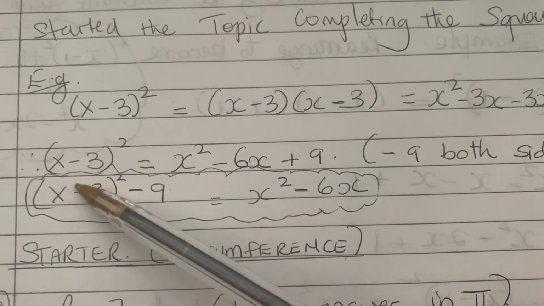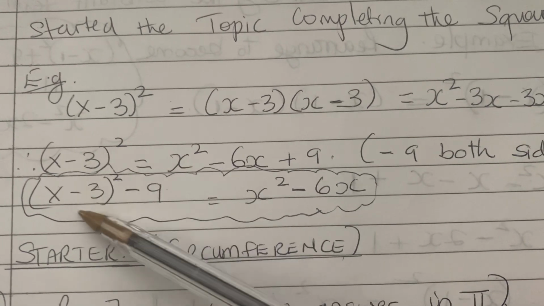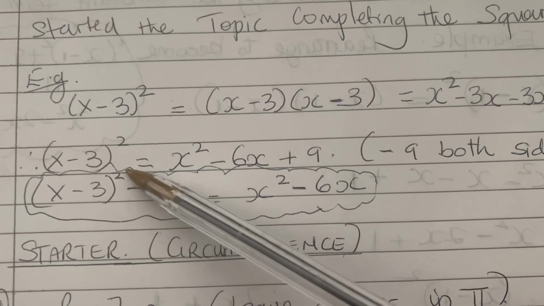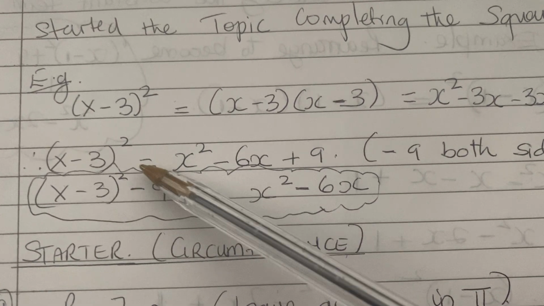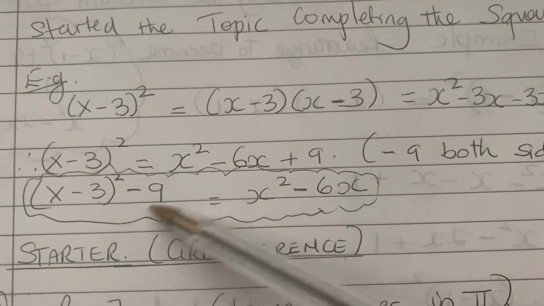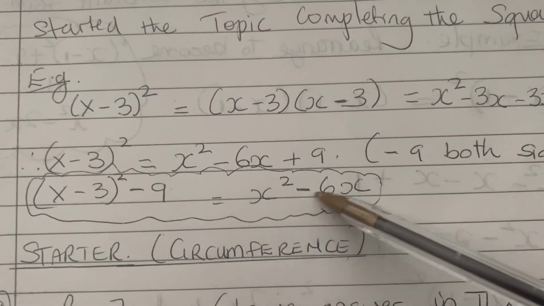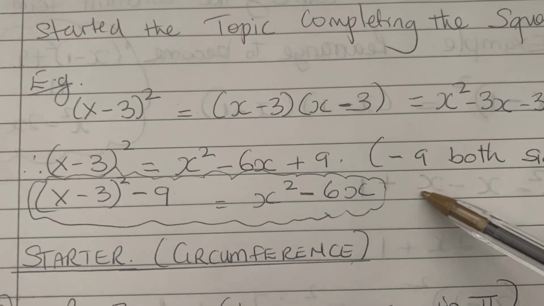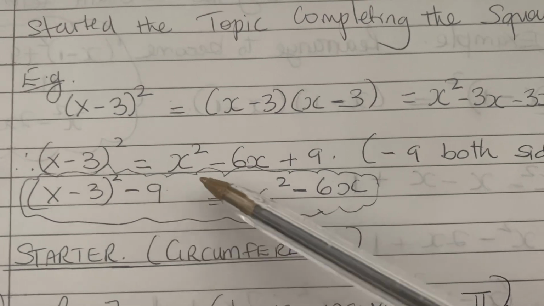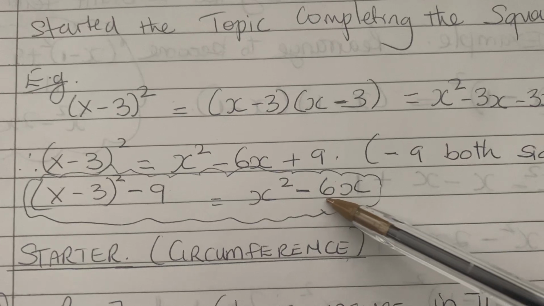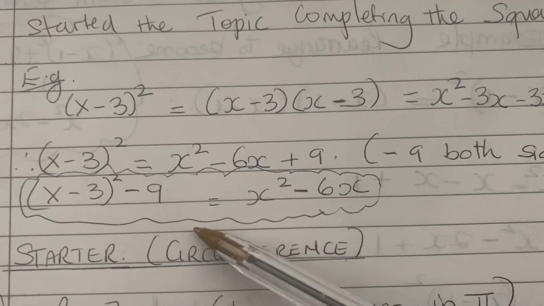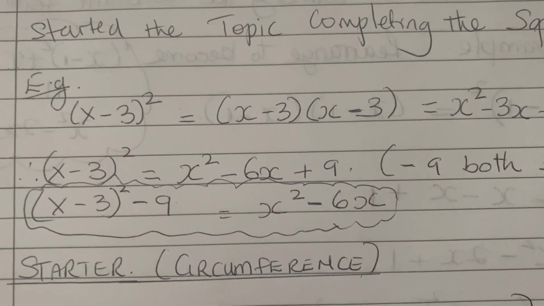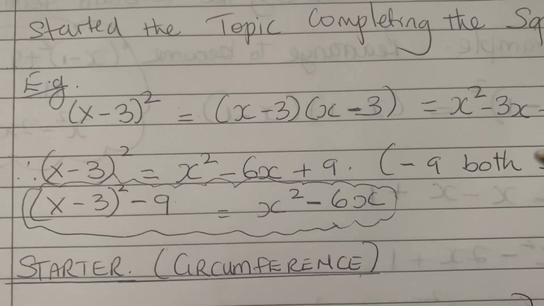Or assuming you are solving a question and you get x minus 3 all squared minus 9, instead of stopping there, you can interchange it with this, assuming there is plus 6x somewhere, so that you can get rid of that. It's a good thing to learn, and that's why it's for higher students.